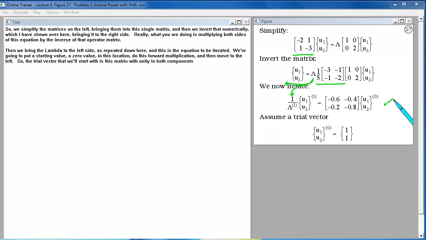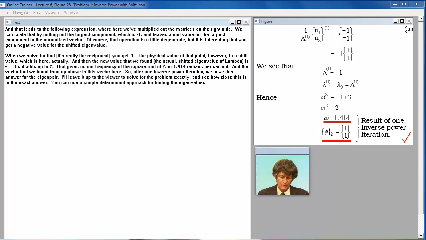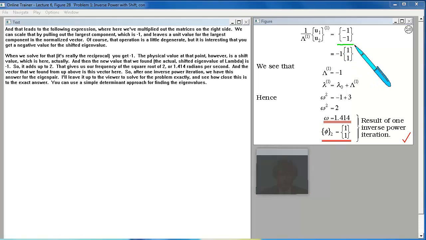We're going to put a starting value, a 0 value in this location, do this forward multiplication, and then move to the left. So the trial vector that we'll start with is this matrix with unity in both components. And that leads to the following expression, where here we've multiplied out the matrices on the right side.